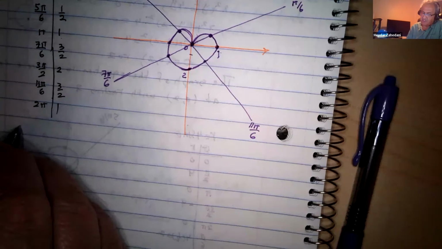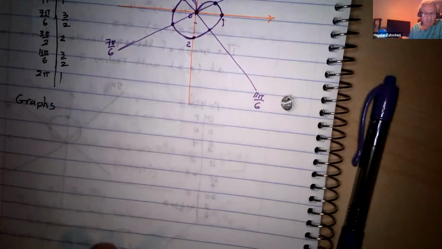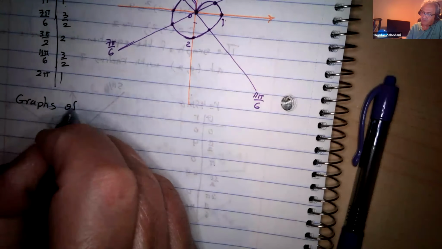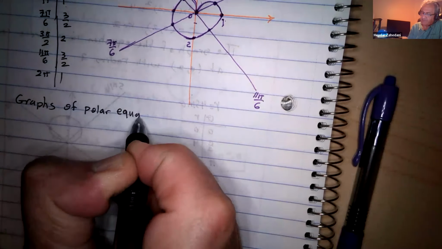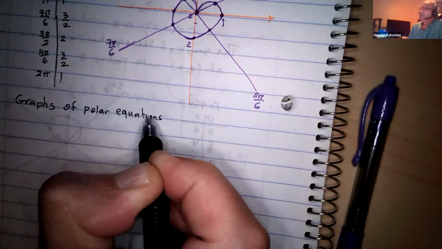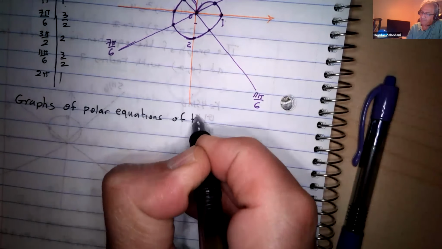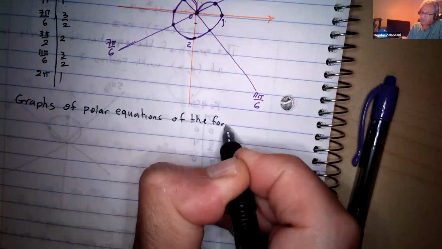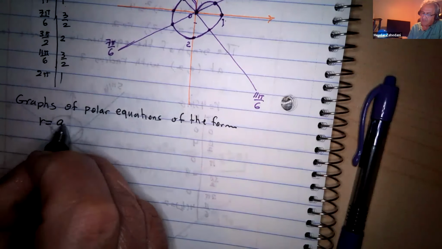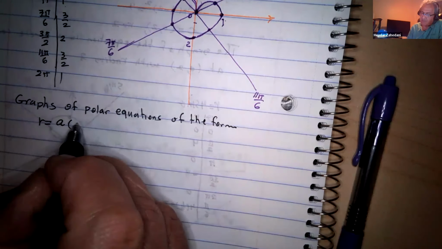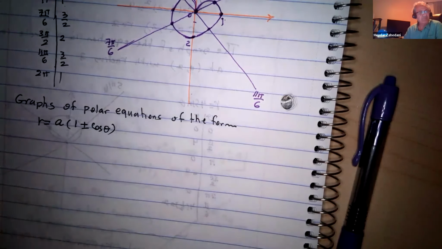So the explanation is graphs of polar equations of the form r equal to a times, the coefficient must be the same, 1 plus or minus cosine of theta.